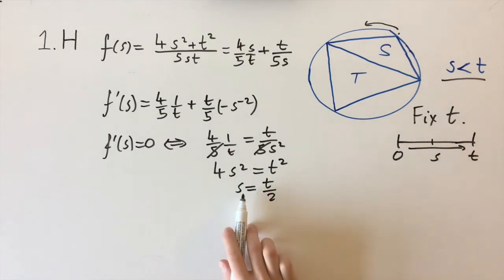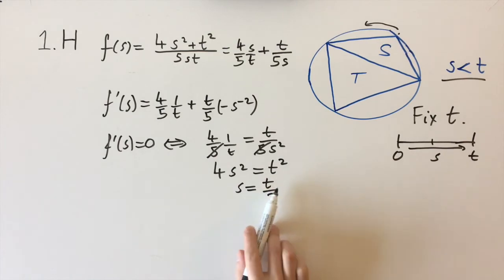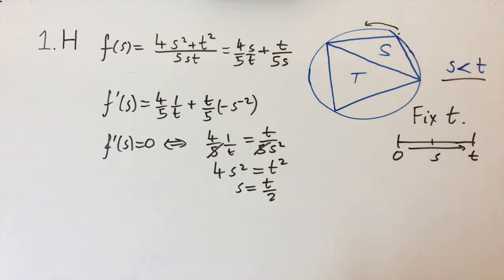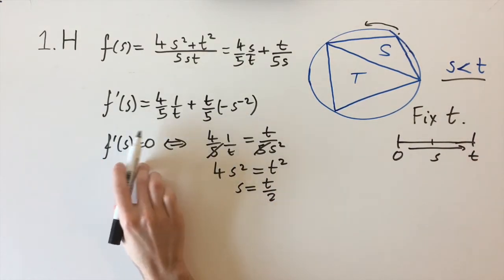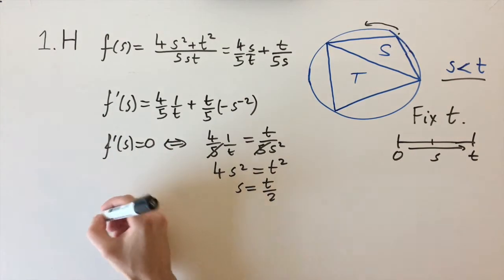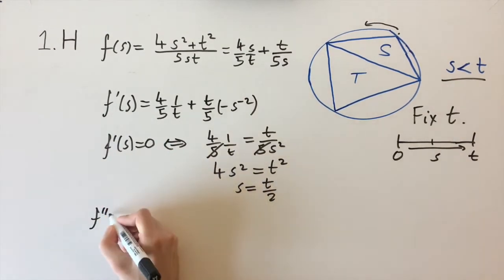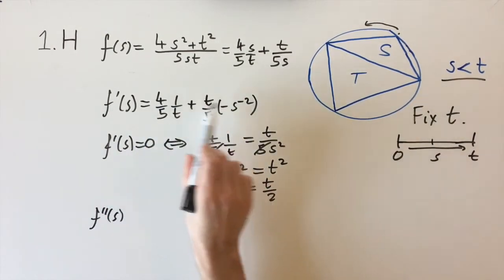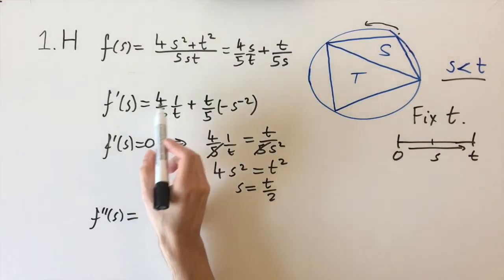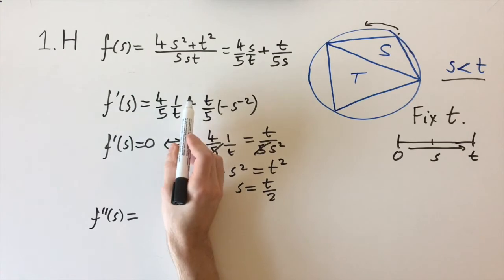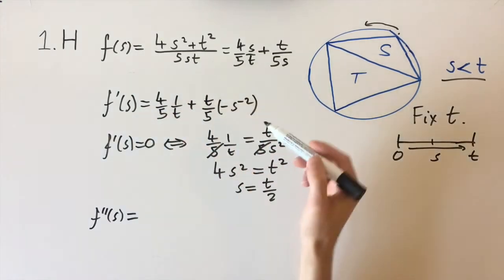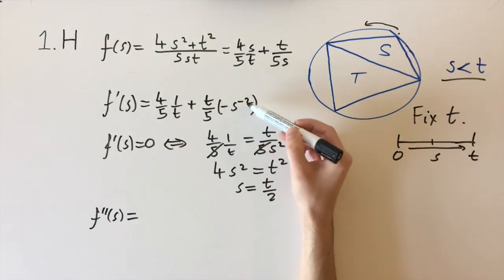What's left to do is verify it's a minimum and find the value of this function at this point. To verify it's a minimum, we can find the second derivative of this function and check that it's positive at this point. We just differentiate this expression. This little constant here vanishes when we differentiate it, and then we just need to differentiate the other expression.